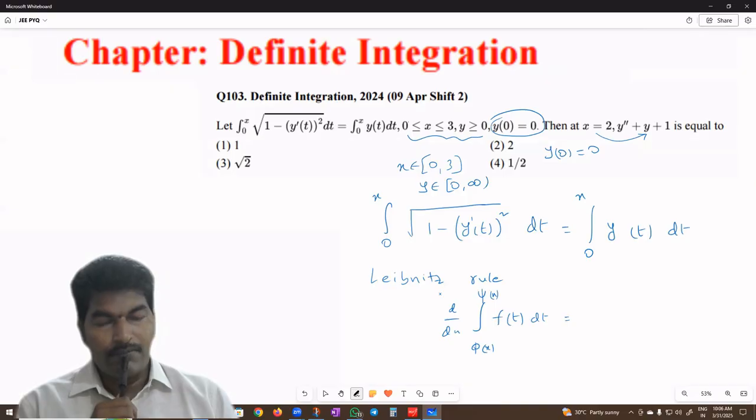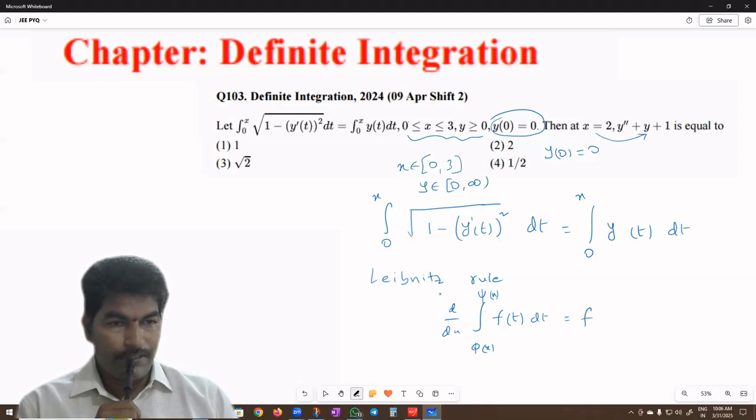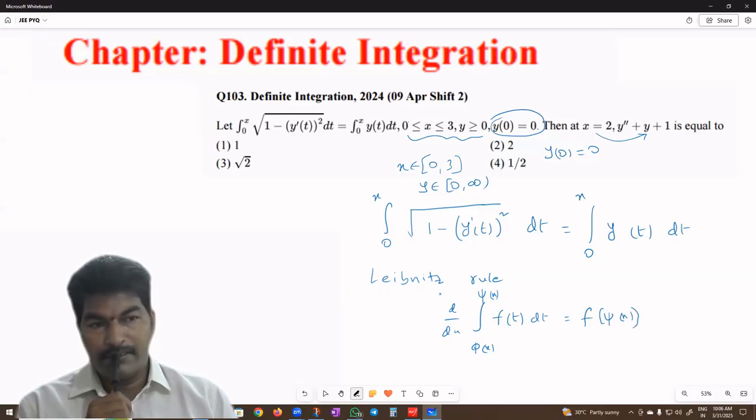The derivative of the integral f of t dt under limits phi of x and psi of x is equal to f of psi of x, that means t value will be replaced by psi of x, and psi dash of x. Next, we will differentiate that function and then minus the lower limit: f of phi of x and phi dash of x. This is what is called Leibniz rule.